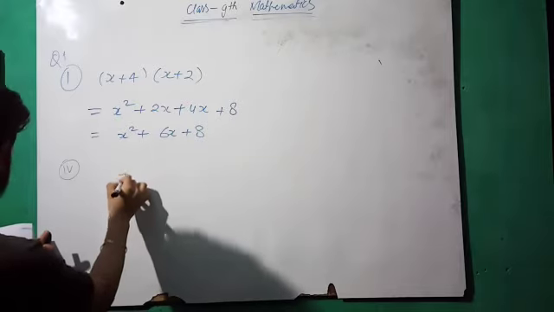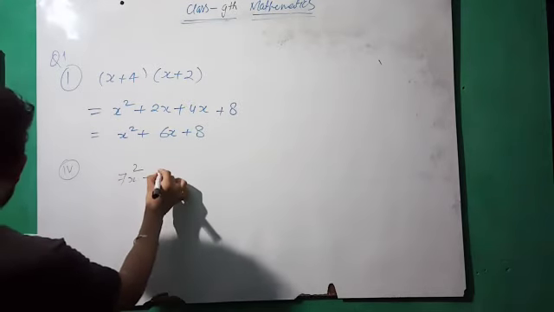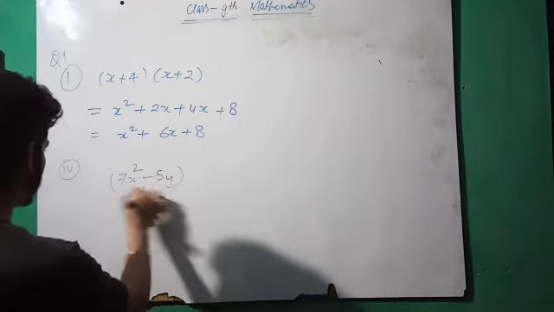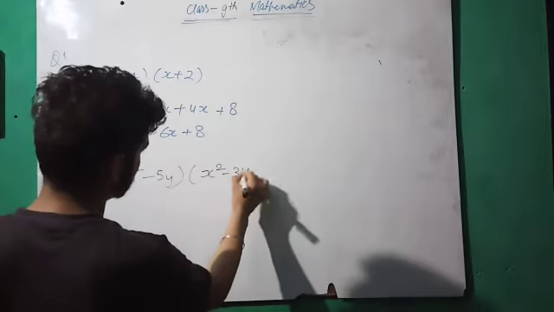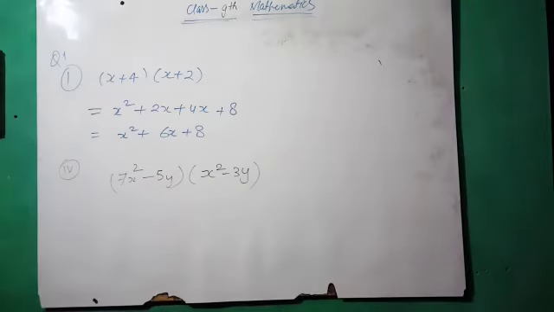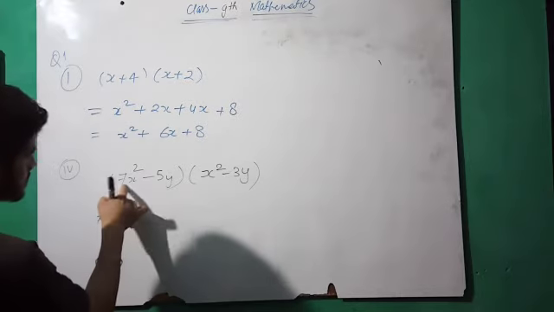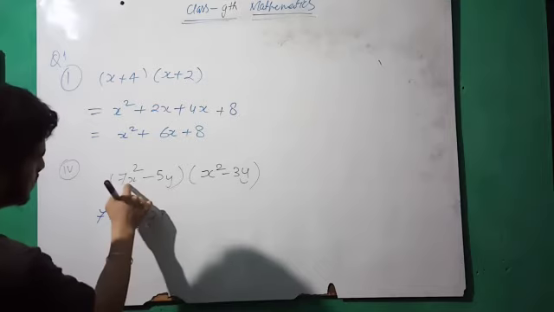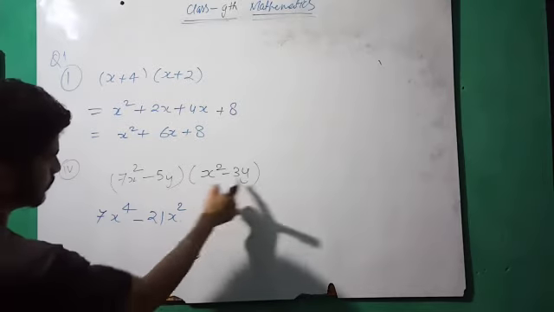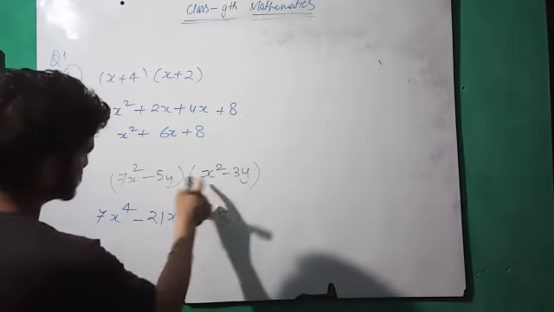Okay, fourth part is (7x square minus 5y) multiplied with (x square minus 3y). 7x square multiplied with x square, that is 7x to the power 4, 7 multiplied with minus 3y, minus 21 x square y. Then minus 5y times x square, minus 5 x square y.